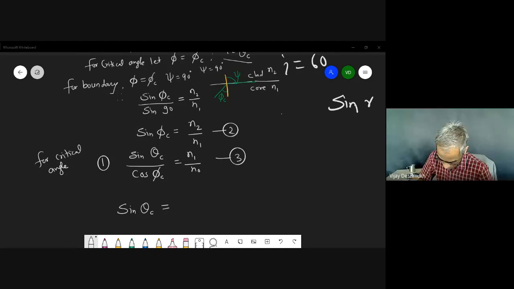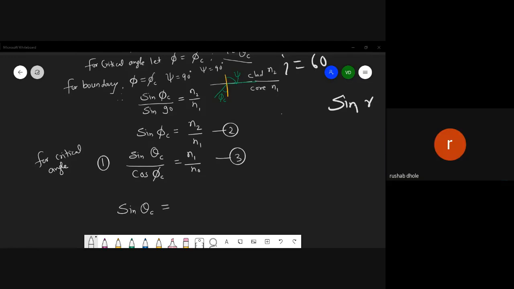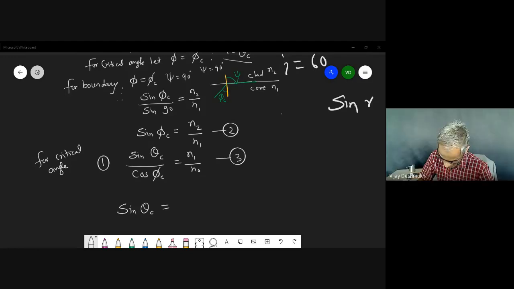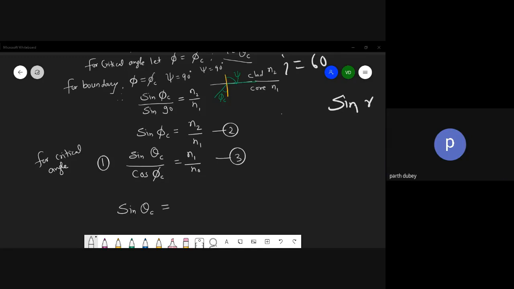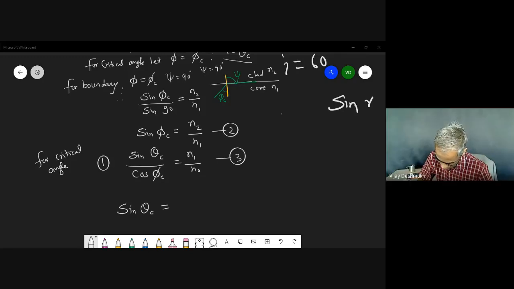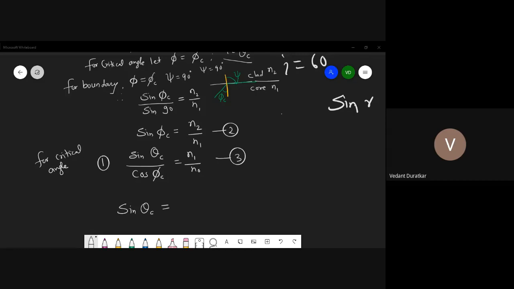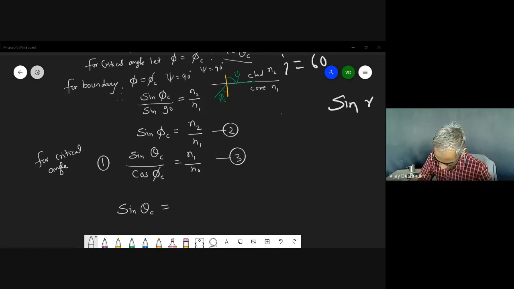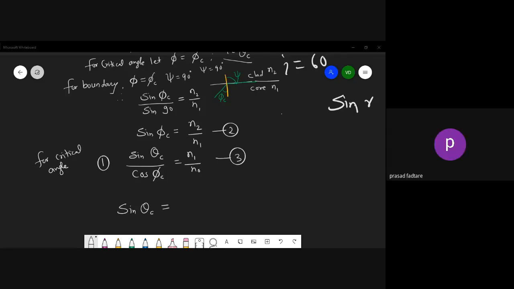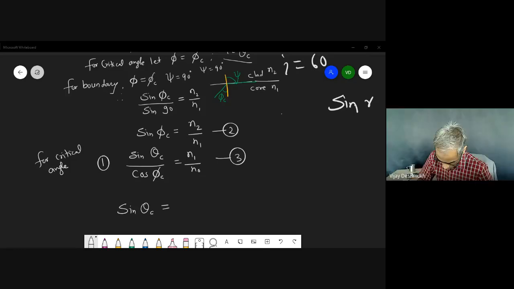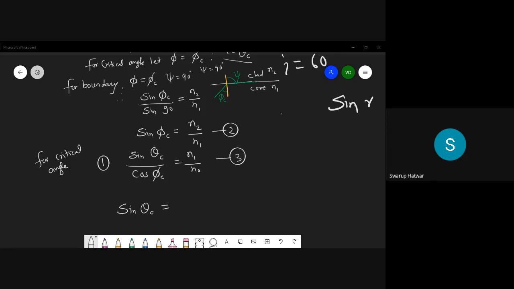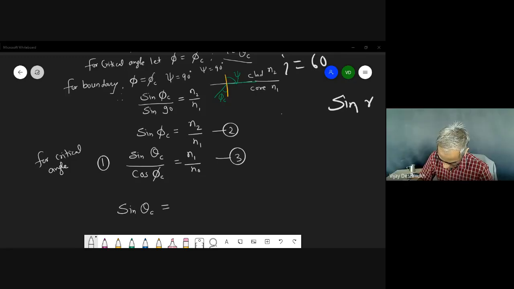Number 9 Rushabh Dole. Present, sir. Number 10 Parth Dubey. Present, sir. Number 11 Vedant Duratkar. Yes, sir. Number 12 Prasad Patare. Present, sir. Number 13 Swarup Atwa. Present, sir. 14 Aditi Kamble.